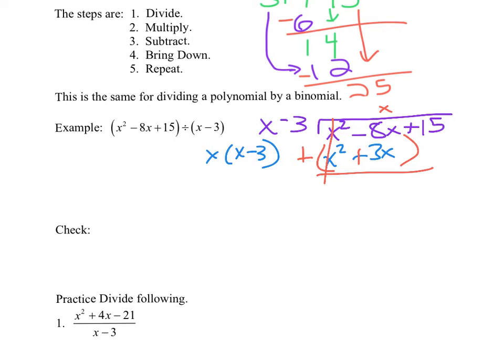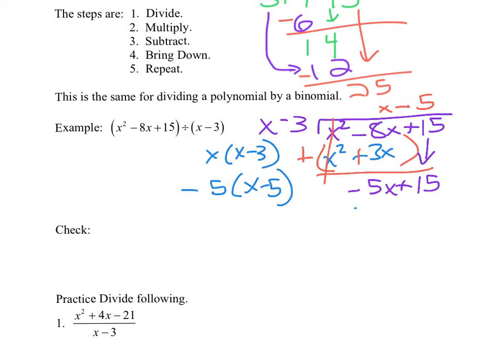So now we are adding 3 to the negative 8. That's going to give us a negative 5x. We bring down the 15, and we start over again. What do I multiply x by to get minus 5x? Minus 5. And I do it. Minus 5 times x, so I have x minus 5.